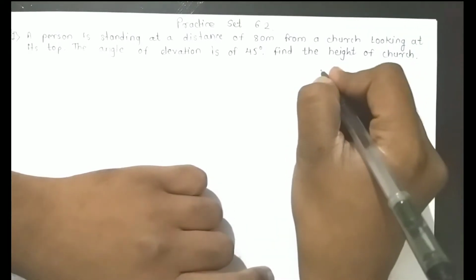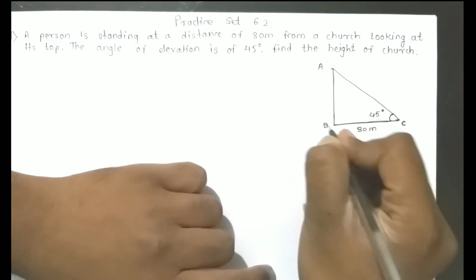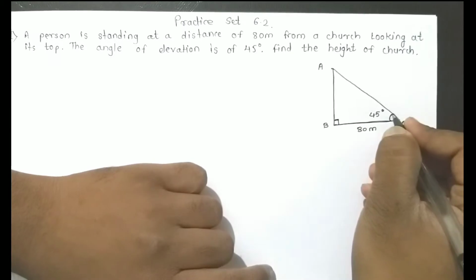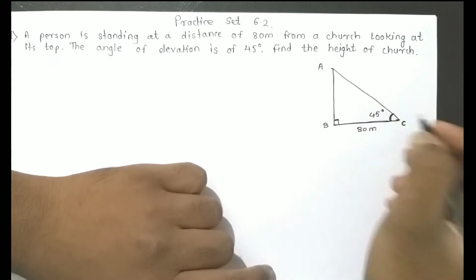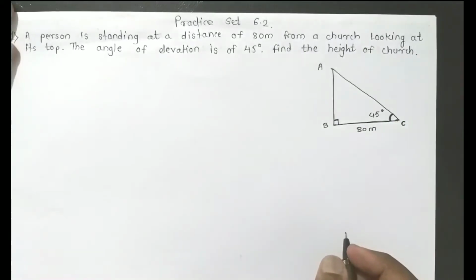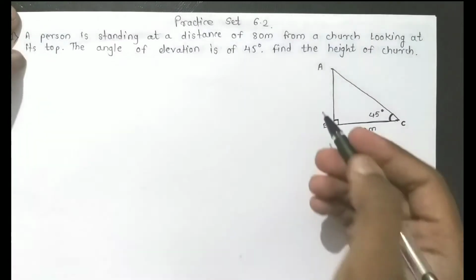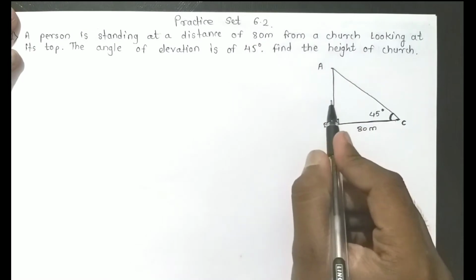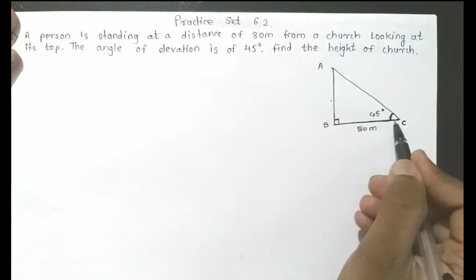So our same figure A, B, C. Draw a right angle at B, theta at C. Value of C is 45. Then how can we find out? We have to find AB, that is the side opposite to theta, and we know the adjacent side.